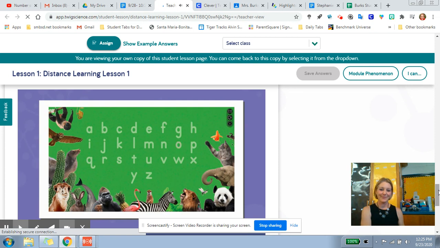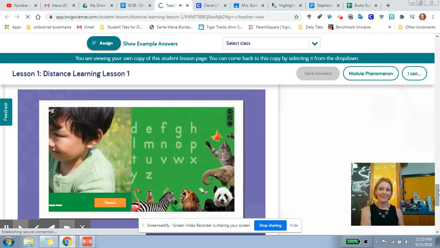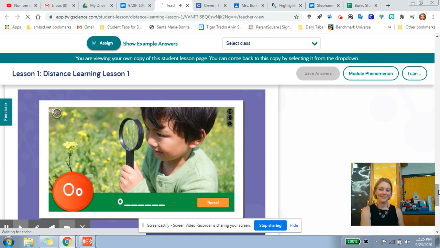I'm going to select it. This is an uppercase O, and this one is a lowercase o. Can you guess what the missing word is that begins with the lowercase o?